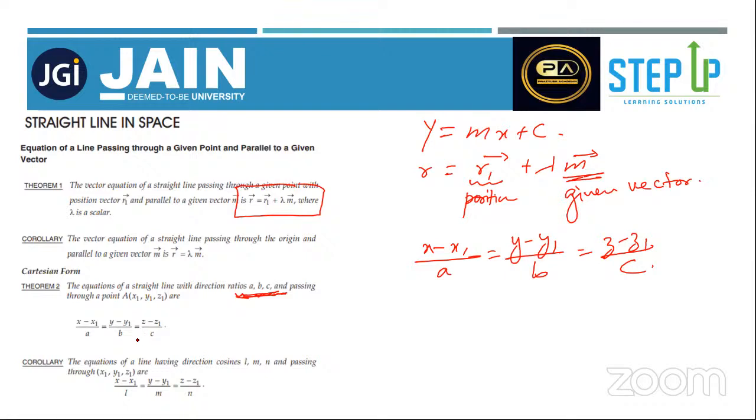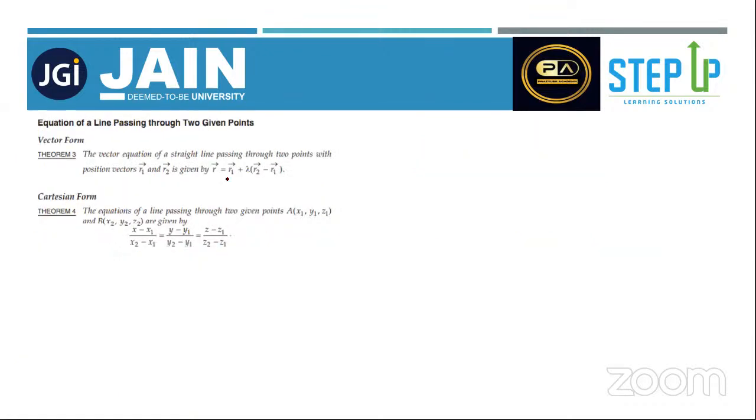Any doubt, anyone? So what is r vector? r vector is r1 vector plus lambda into r2 minus r1 vector.